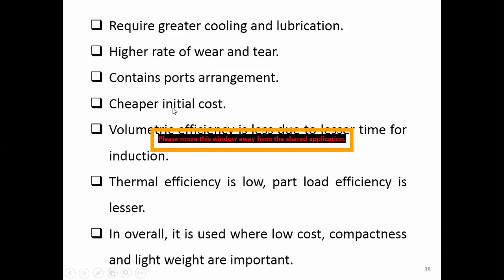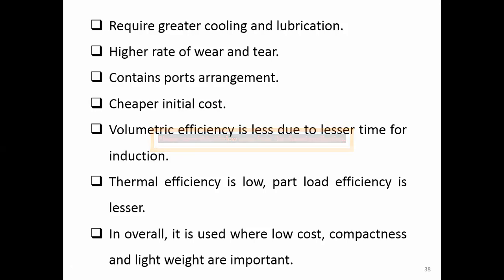It's cheaper because it has fewer components, right? But the bad part about this two-stroke engine, even though it gives you higher power, is that the volumetric efficiency is less because you have less time for induction.